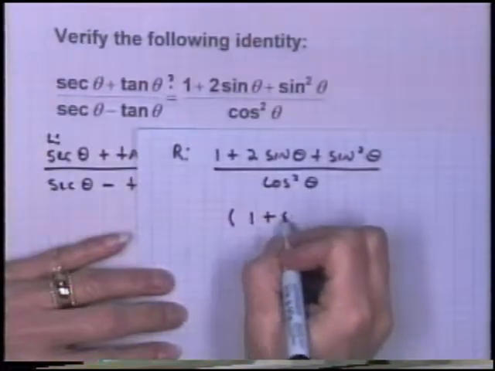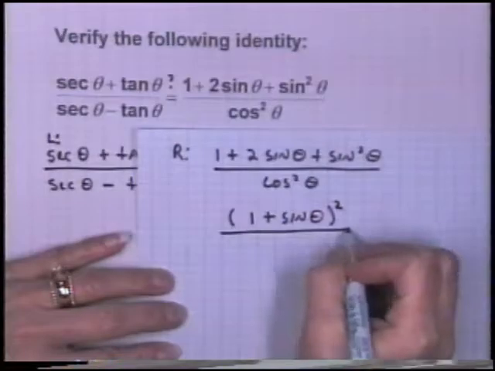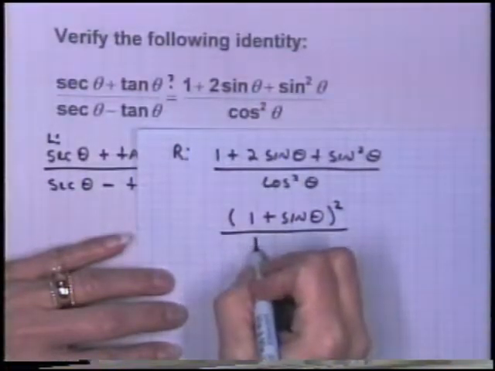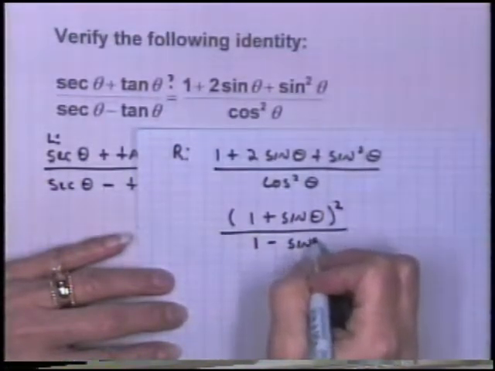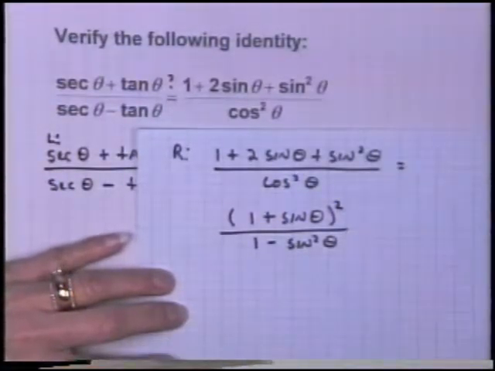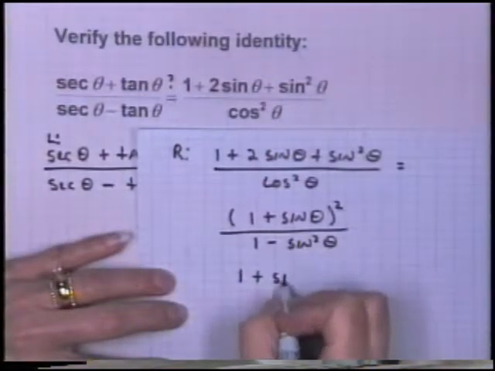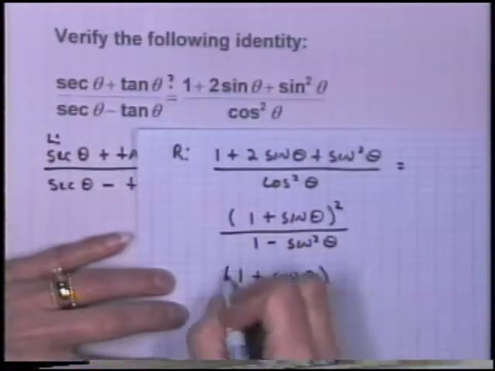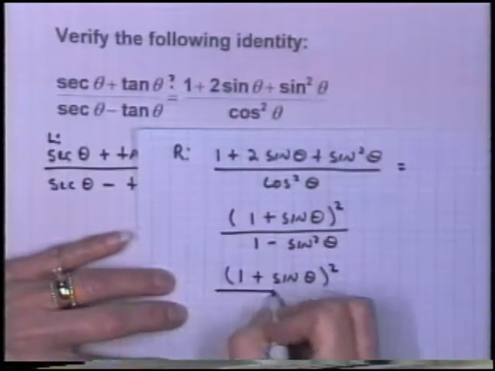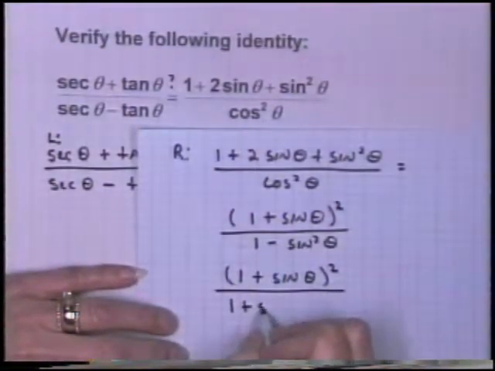Now I can factor this numerator. You need to recognize that's 1 plus sine theta quantity squared, and cosine squared is 1 minus sine squared. So I'm going to make that substitution. Factor the numerator and substitute in the denominator. Now, in the denominator, I have a difference of squares. Let me bring down my numerator of 1 plus sine theta quantity squared.